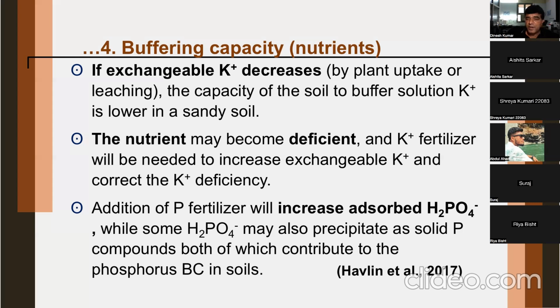So nutrients may become deficient and potassic fertilizer will be needed to increase exchangeable potassium and correct the potassium deficiency. Addition of phosphatic fertilizer will increase adsorbed phosphate, H2PO4, while some H2PO4 may also precipitate as solid phosphate compounds, both of which contribute to the phosphorus buffering capacity in soil.